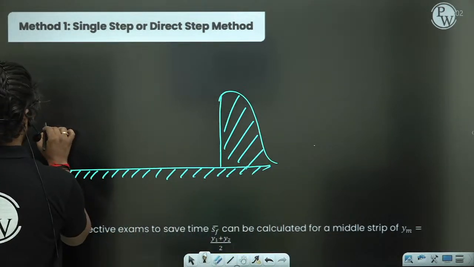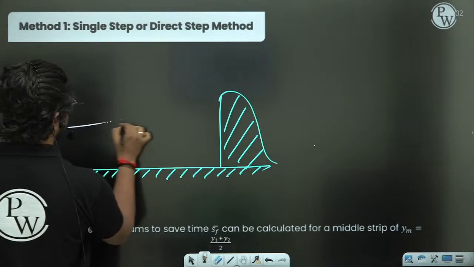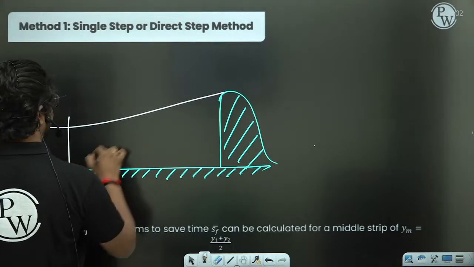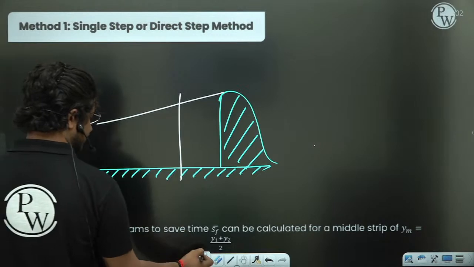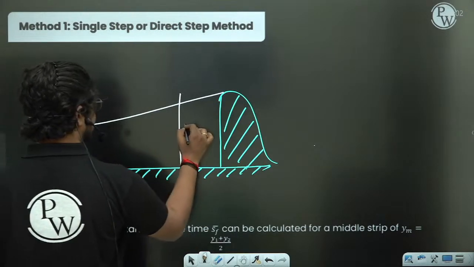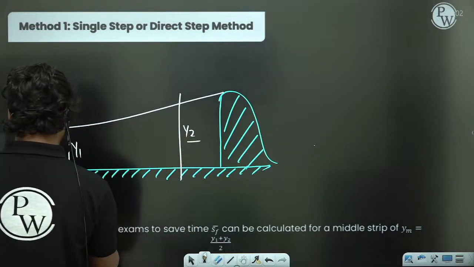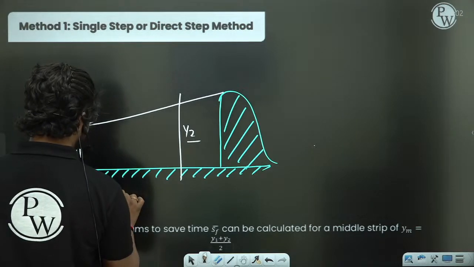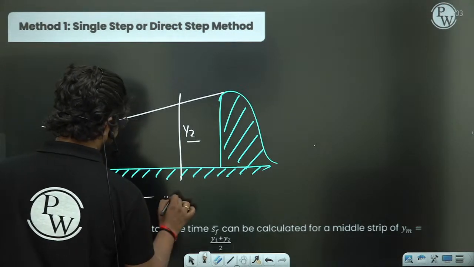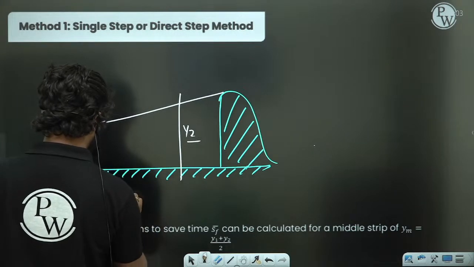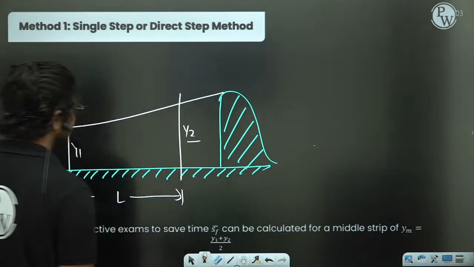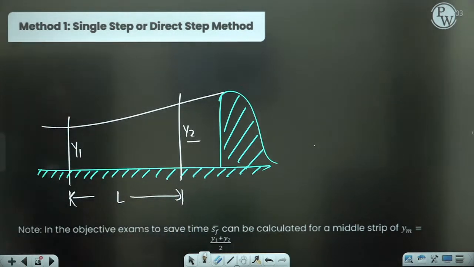Water is coming like this. If you take this section, you will have this y1 and y2. If I'm interested to find out this delta x part or this length part, how can we calculate this part based on this method?